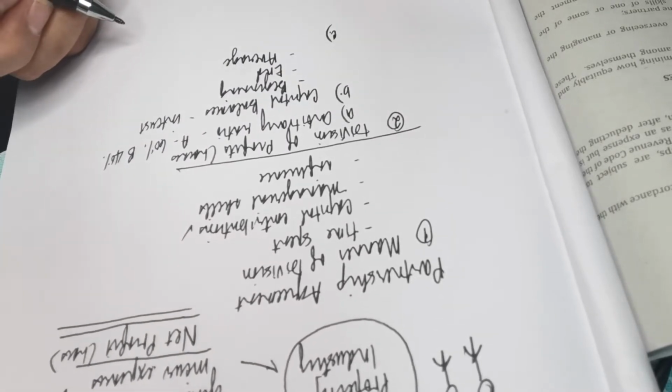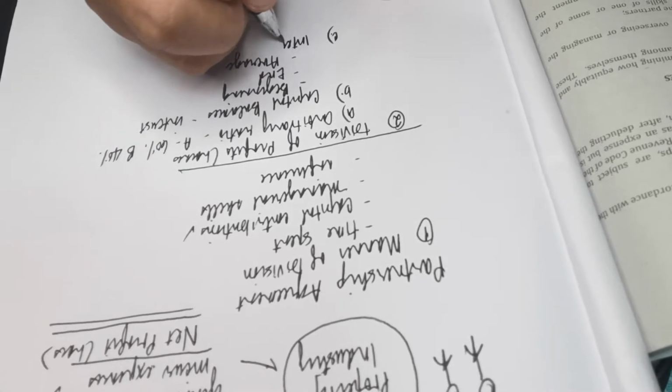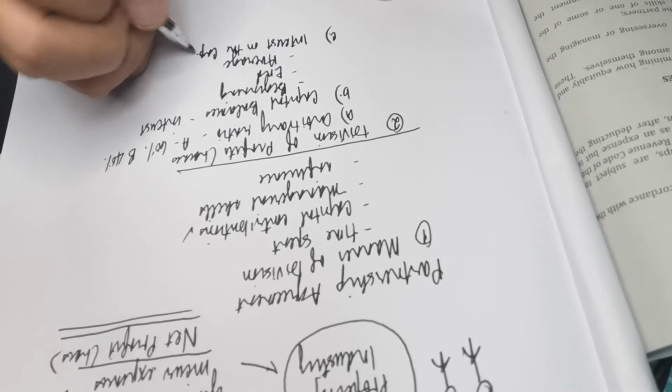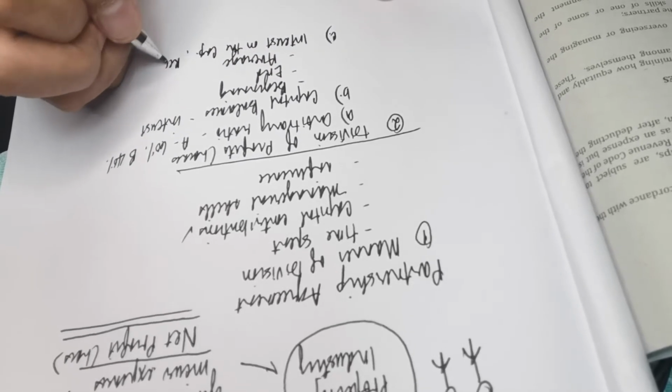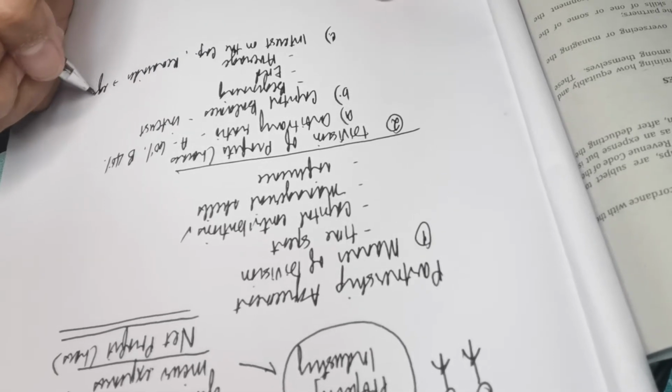Now, it can also be that there is interest on the capital, and then the remainder shall be distributed equally among the partners.